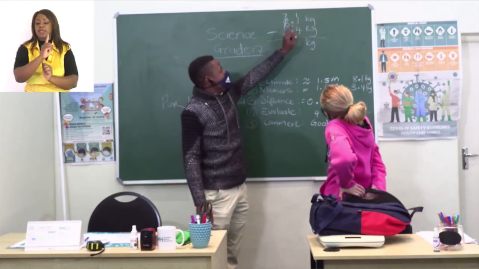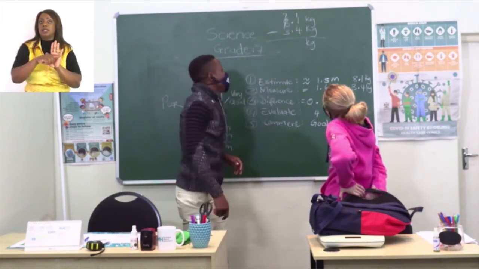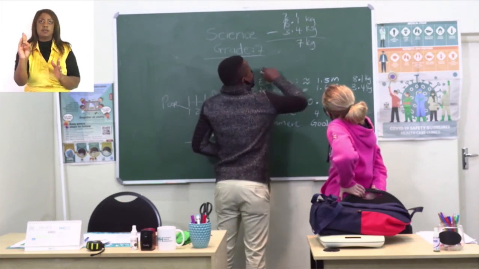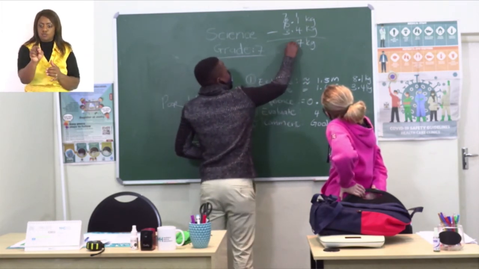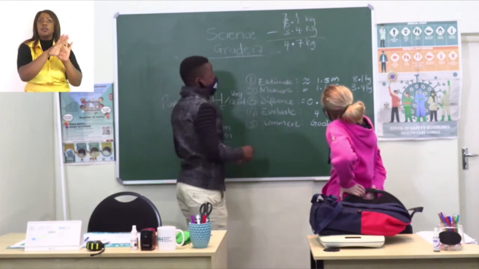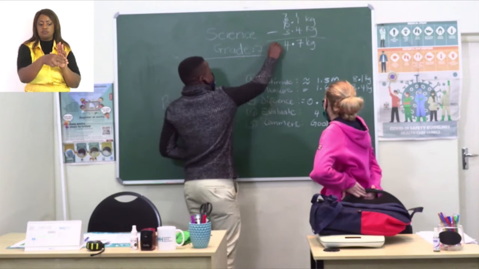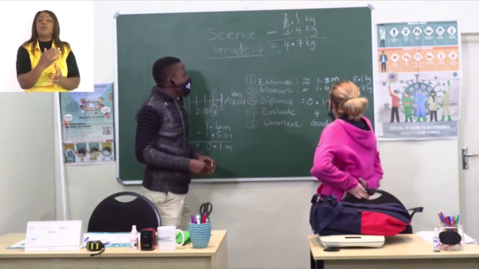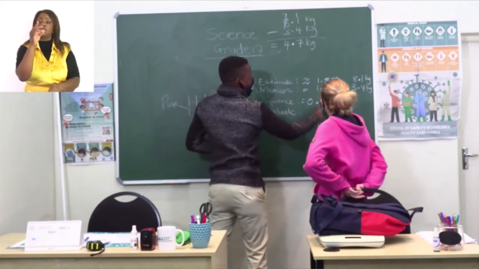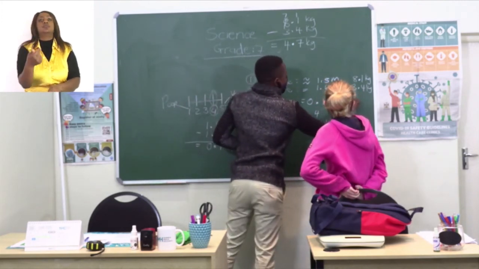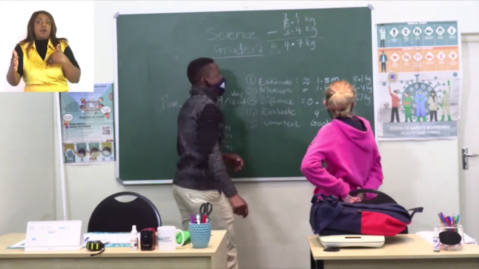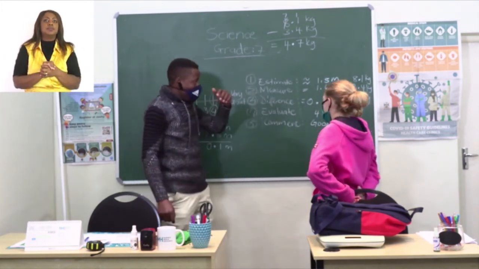I take 4 from 11. Then I'm having 7. Then there's a point. Then you subtract, you have a 4 here. If you take 3 from 7, so the difference is 4.7 kg.